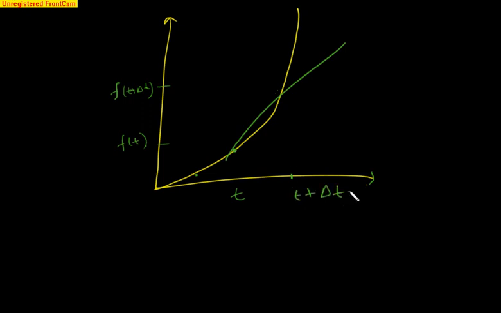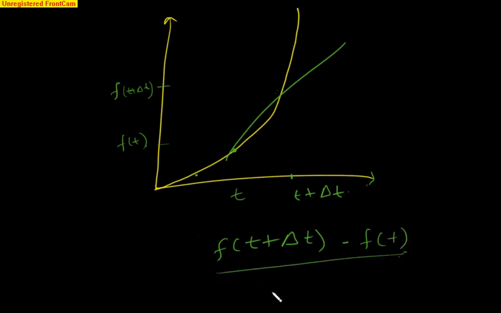In case of a line, we had written just t1 and t2, or f1 and f2, but here I will write del t, a small increment in t. Now find out the slope of this line: f of t plus del t minus f of t, divided by t plus del t minus t, which is nothing but del t.